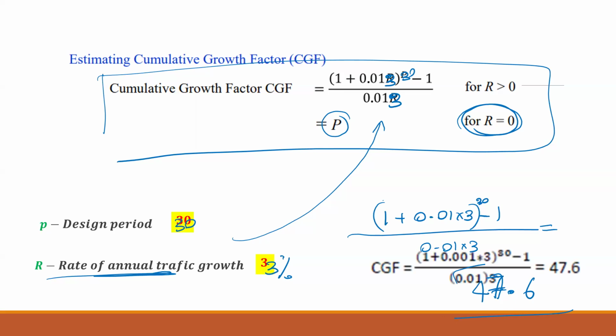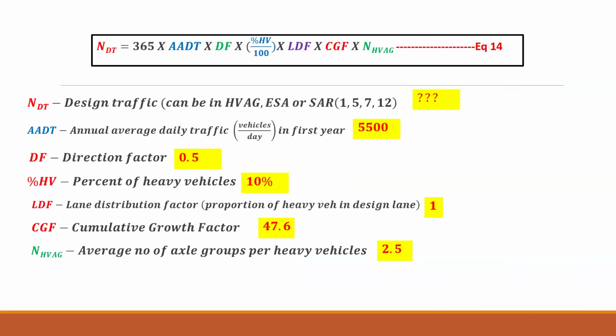So when we put everything in the equation, what do we get? Can you put everything in the equation and find me NDT? It's a big number.